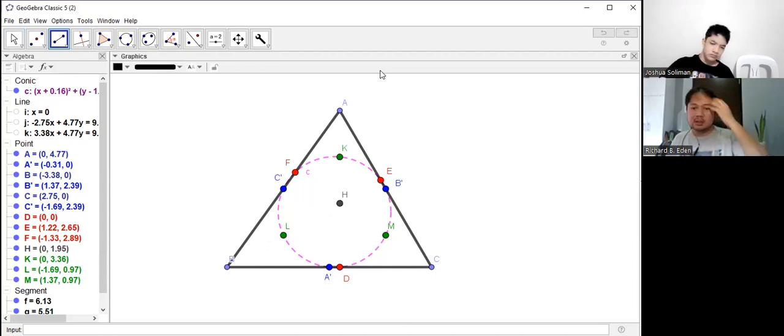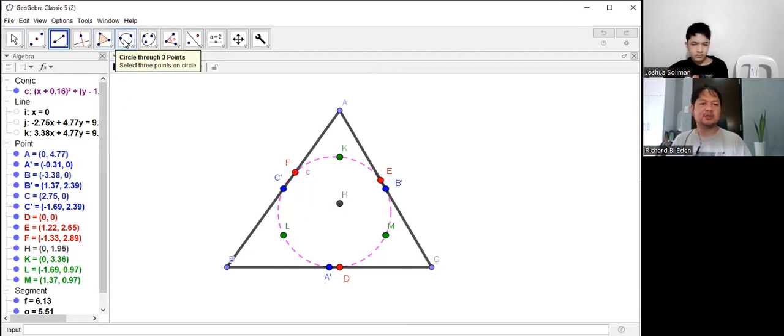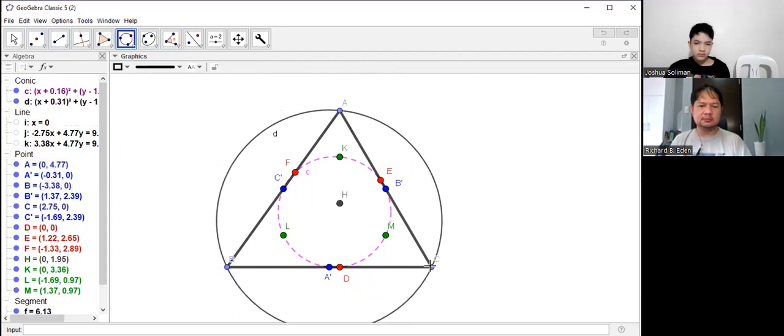But so there's the orthocenter, and then the Euler line contains the centroid, and also not just the orthocenter but the circumcenter. So if this is the circumcenter, the center is the point of concurrency of the perpendicular bisectors.